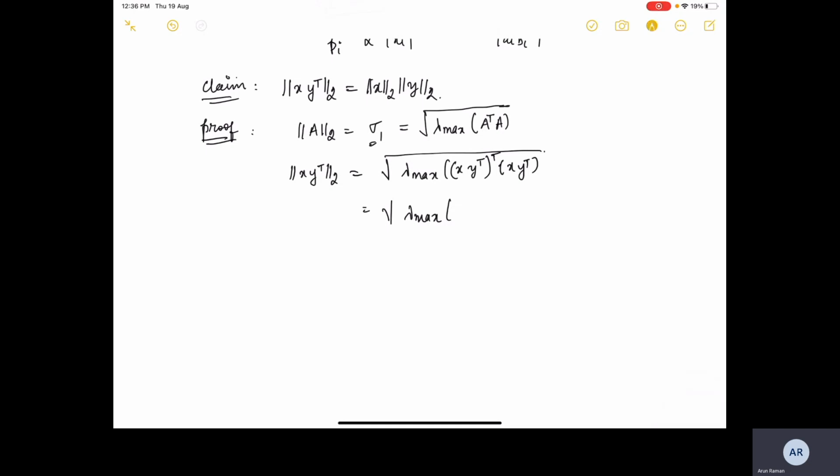Sorry, I think I made some mistake. It is y x transpose into x into y transpose. Okay, this is what we get.